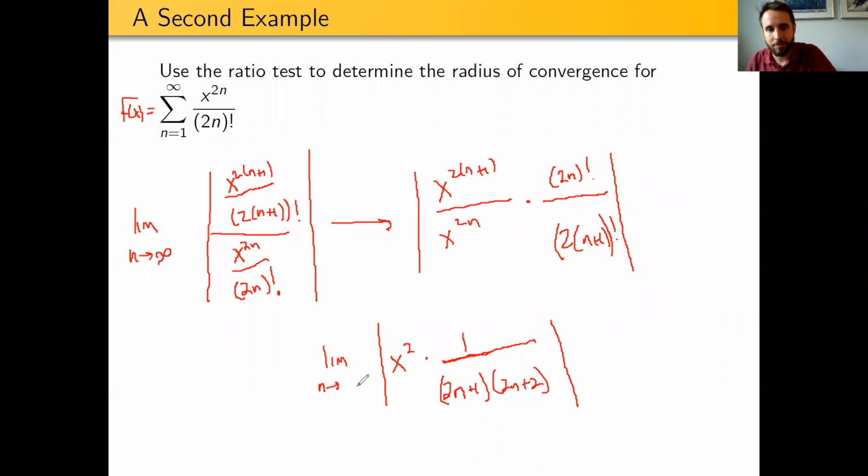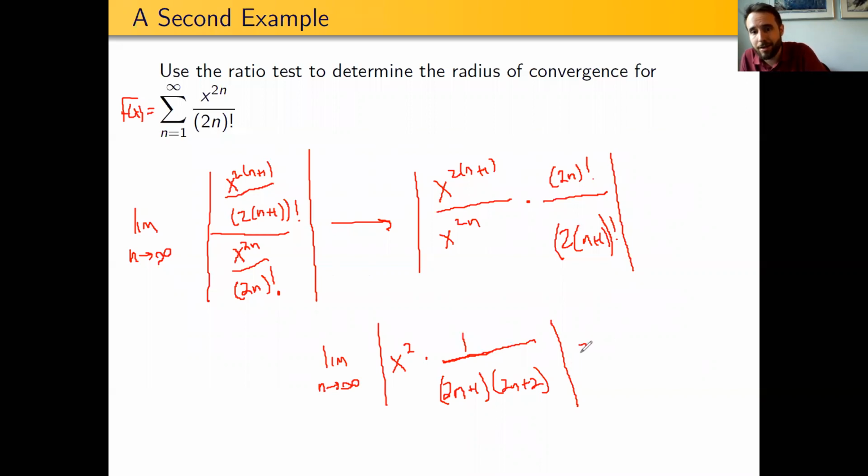All right, and what we see is that for any fixed x value, so here's an important part. We want to think about a fixed x value. And for a fixed x value, this just becomes a fixed number squared times a fraction where the denominator is getting bigger and bigger and bigger.